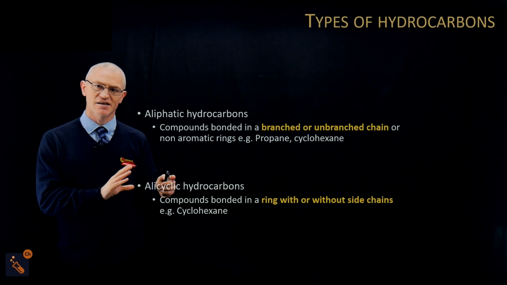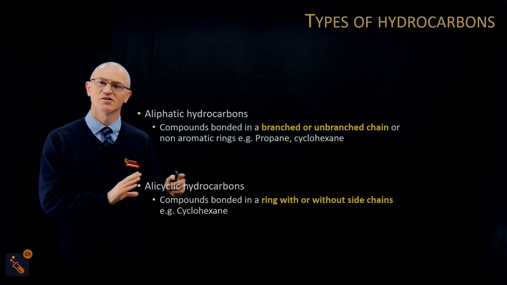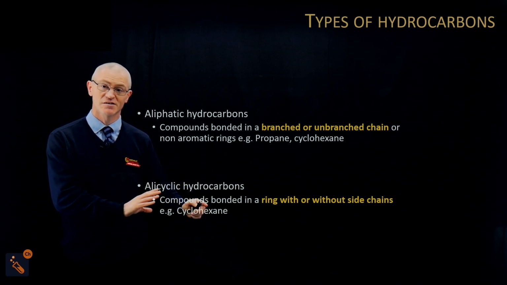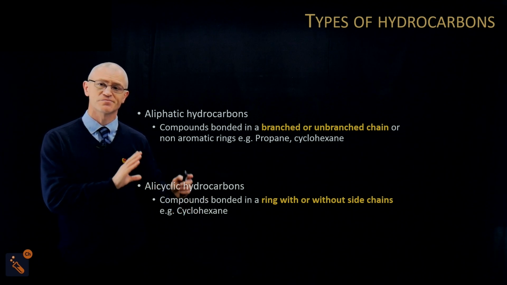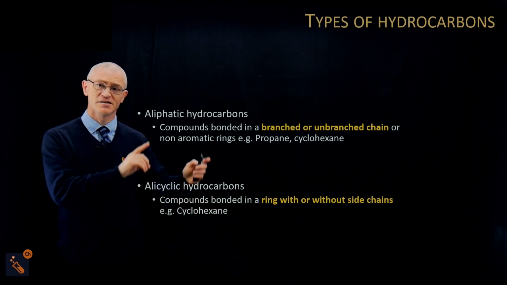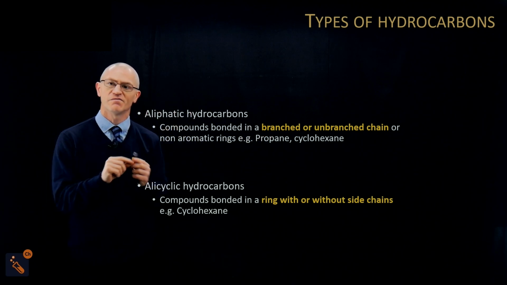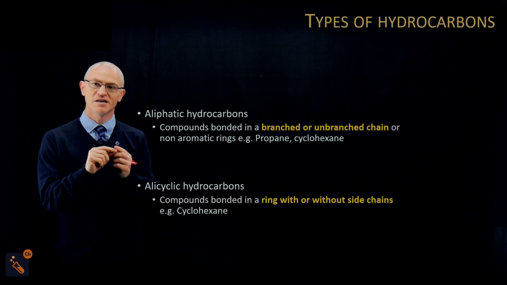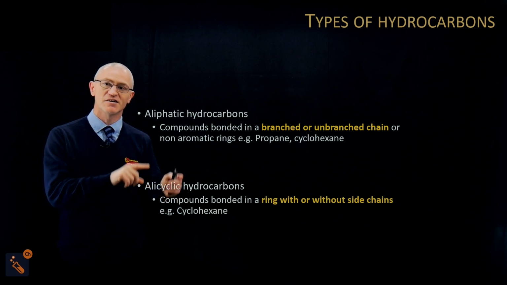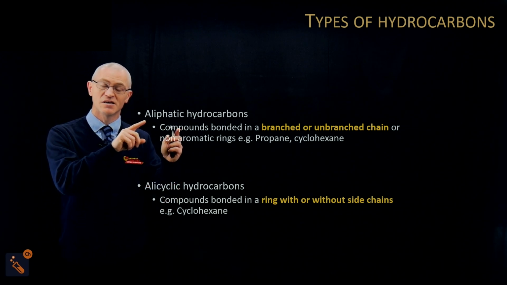Now, alicyclic hydrocarbons are bonded in a ring with or without side chains. Now, this ring is a chain. So it's a chain folded round into a ring. That means that all alicyclic are in fact aliphatic as well, not the other way around.